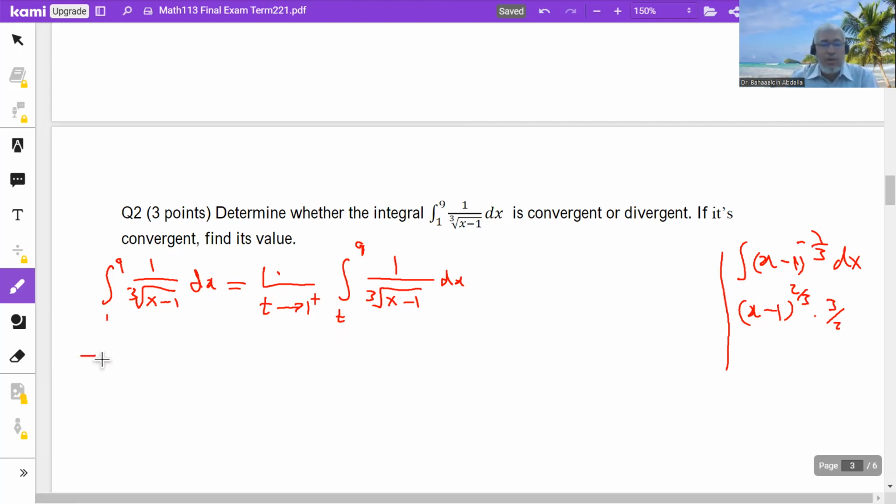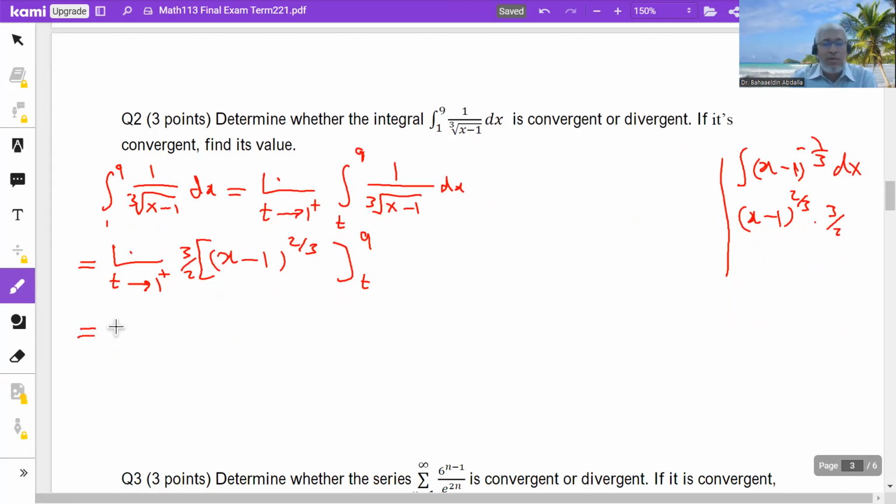So I'll have the limit when t approaches 1 from the right of, I can take 3 over 2 outside, and I have x minus 1 to the power 2 over 3 from t to 9.